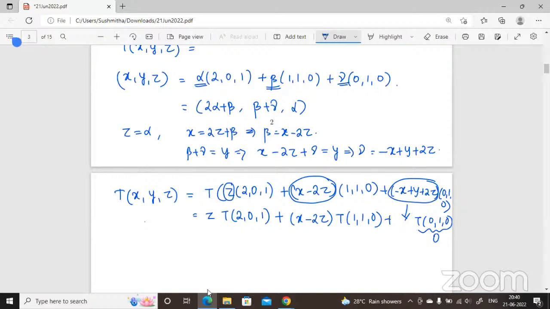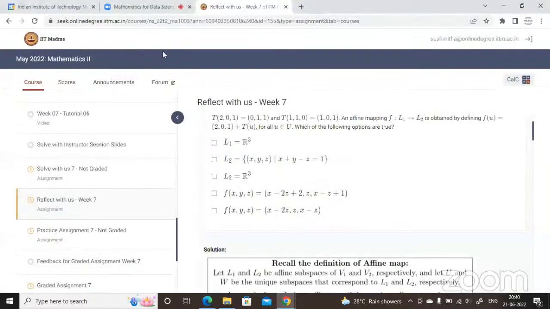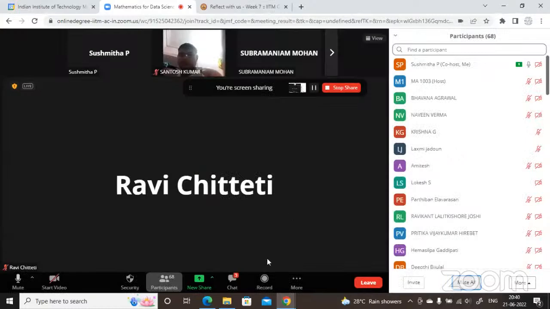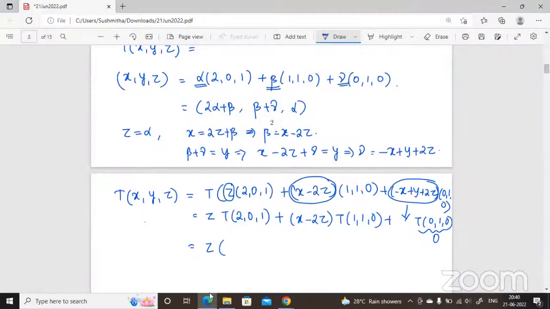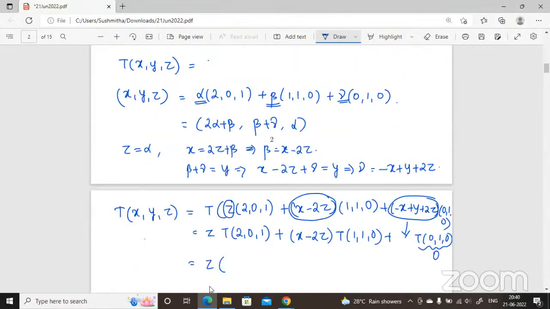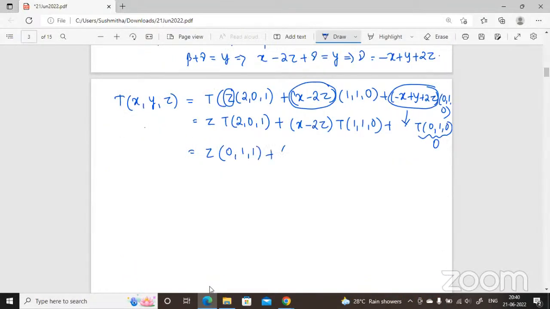This term is 0, so no problem. 0, 1, 1, then 1, 1, 0. So this is x minus 2z comma, z plus this, so x minus z. So this is the linear transformation.